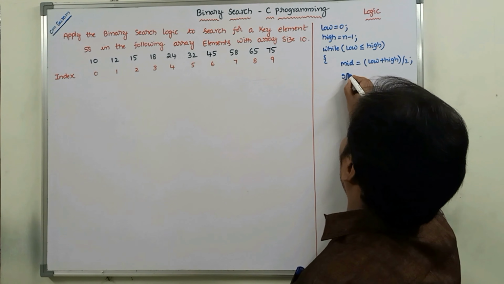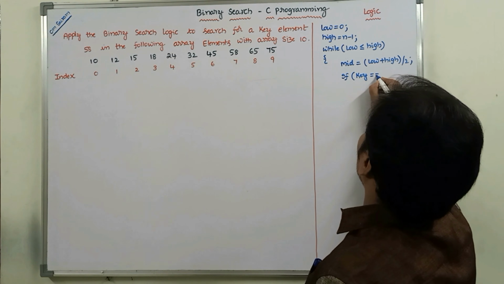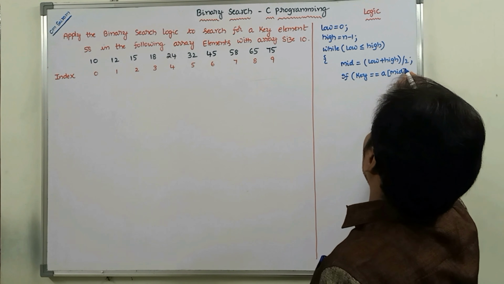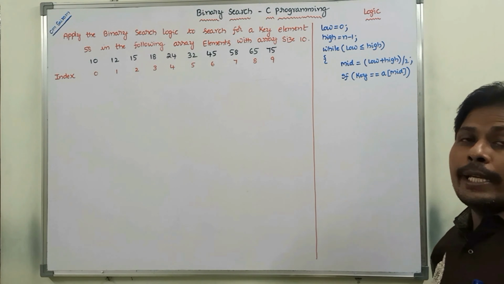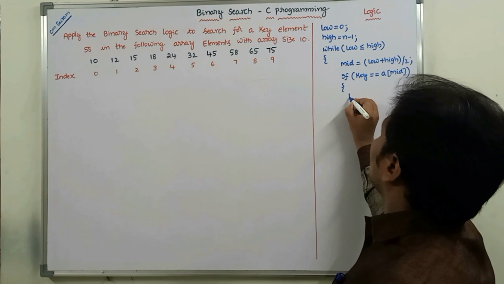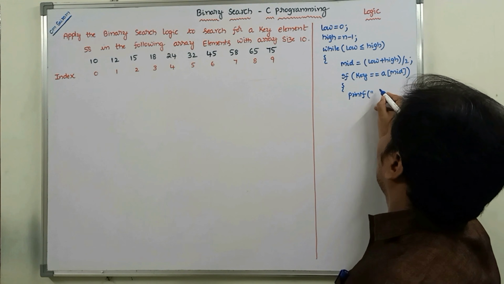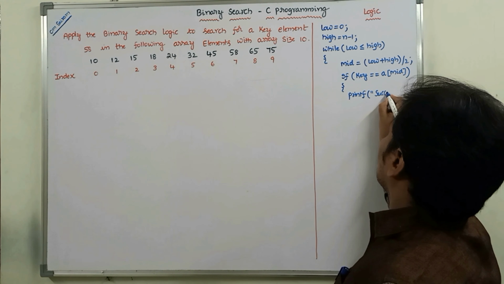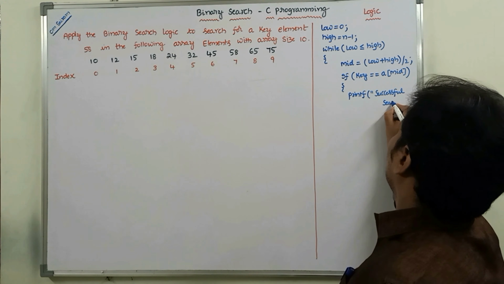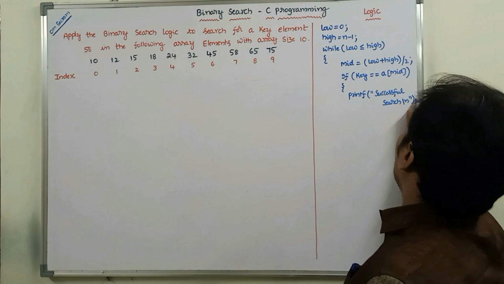If key value is equal to A of mid value, then printf successful search. Printf successful search, because our key element is found in the given array.